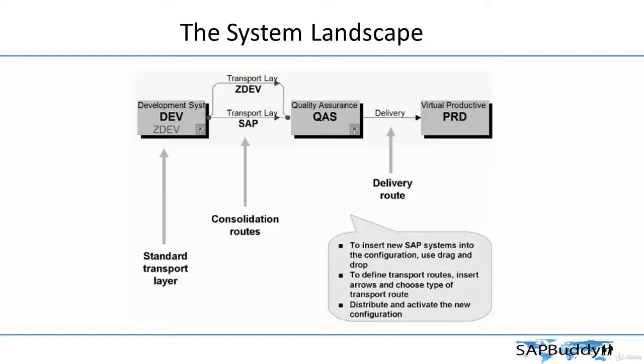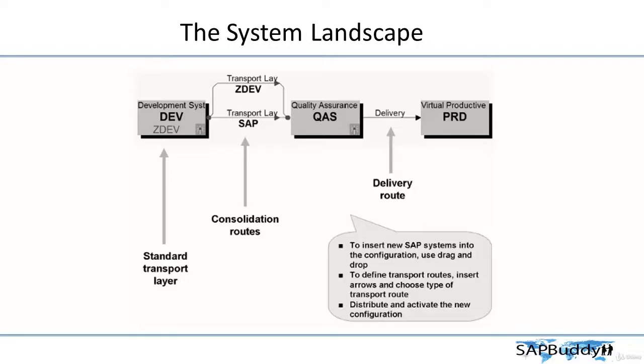And you can see the delivery route, which basically does not have any name. In the consolidation route you have a name here. In the delivery route there will be no names. This will be the typical three system landscape. However, if you would like to make any modification from the standard configuration, this is basically a graphical user interface, which we can also see later in our system.